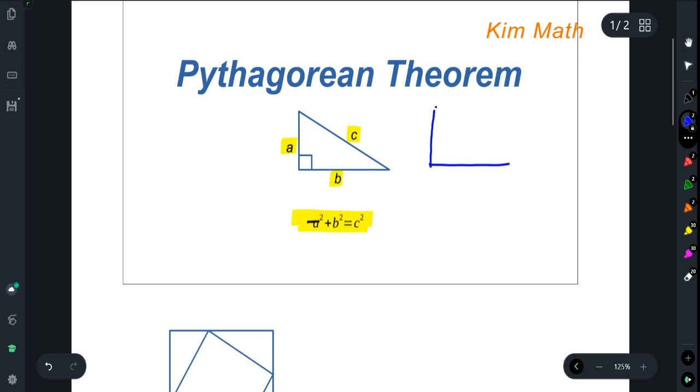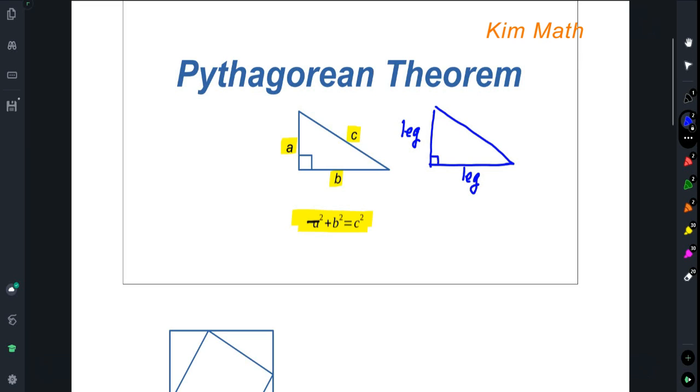If I draw one more right triangle, sometimes we say this one is a leg, this is also a leg, that are adjacent to the right angle, and opposite of the right angle is the hypotenuse.